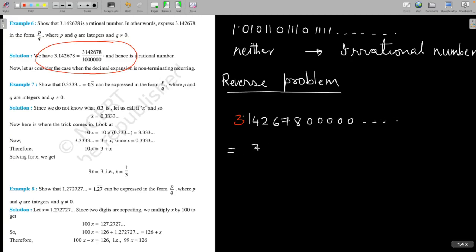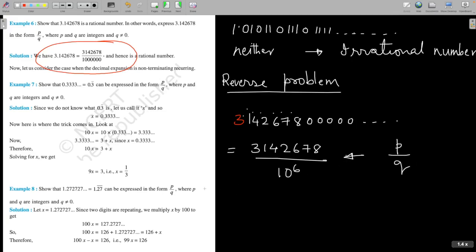And this can of course be written as 314268 divided by 10 raised to 6. One can cancel some common factors, but essentially it's of the form p by q.